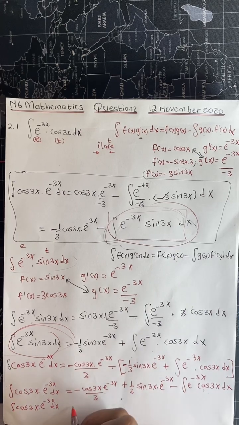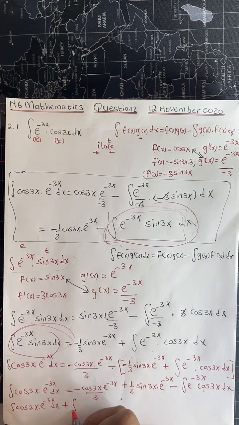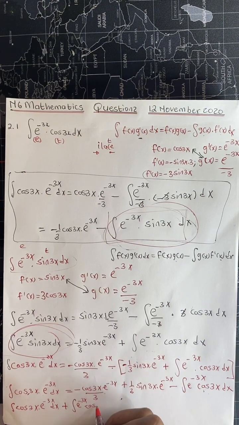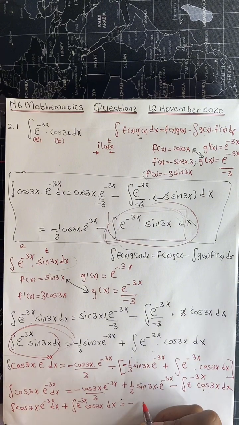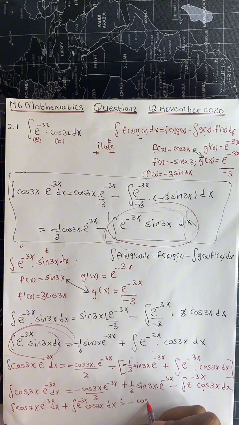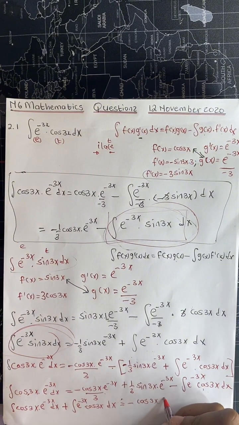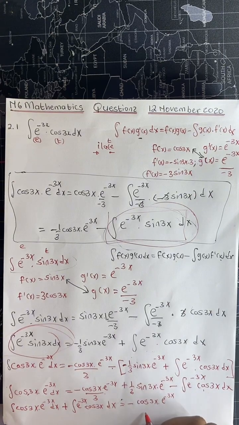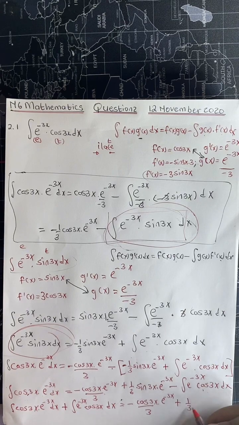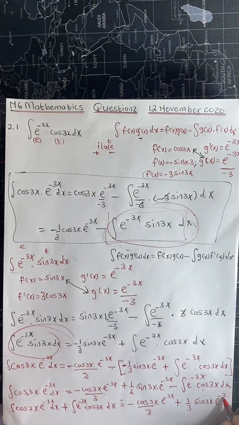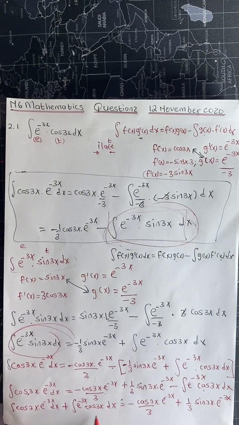We take that one, and it is going to change sign from negative to positive. The integral of e to the power negative 3x cos 3x dx, and we'll be left with negative cos 3x e to the power negative 3x divided by 3 plus 1 over 3 sin 3x e to the power negative 3x. These two are the same, it's just that they are arranged differently.